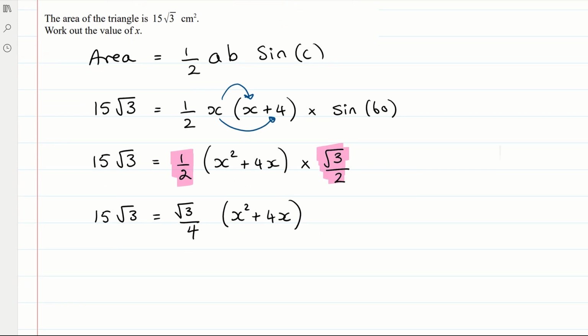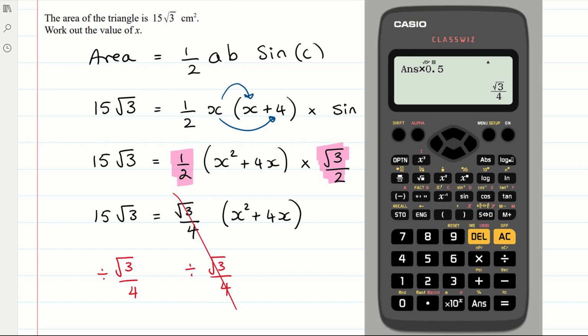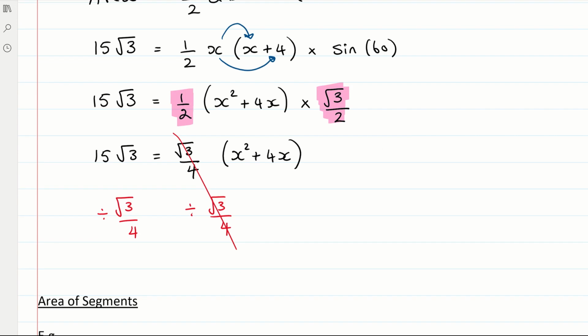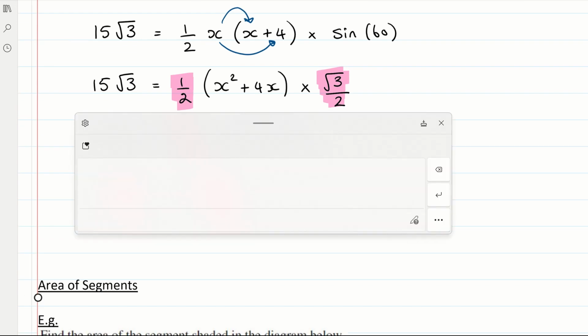What I would do at this stage is divide both sides by root 3 over 4, because I want to get rid of that multiplication. So here I'm going to put 15 root 3 divided by the answer, which is root 3 over 4. And I get a nice, neat number.